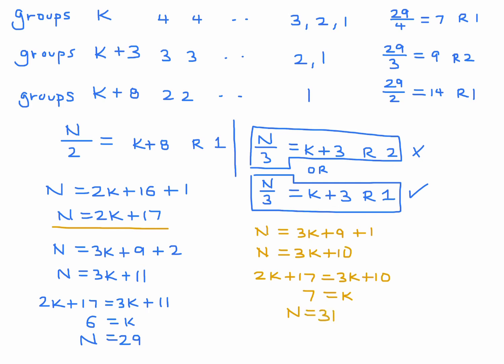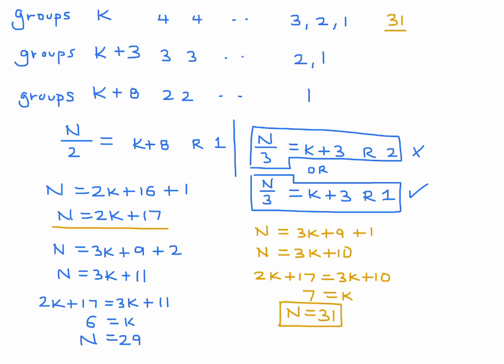All right. So 31 must be the value for n, but let's just verify just in case we did something wrong, and I sincerely hope that we didn't. All right, so let's verify n being 31. 31 divided by 4 is 7 with a remainder of 3. 31 divided by 3 is 10 with a remainder of 1, and 31 divided by 2 is 15 with a remainder of 1.